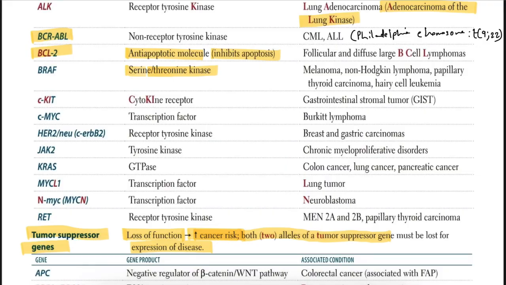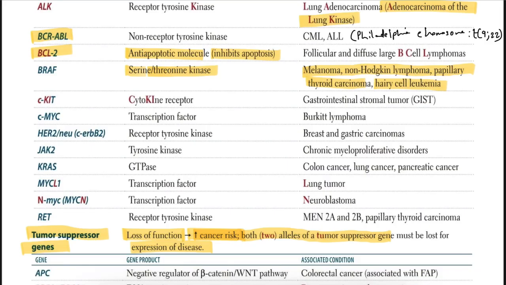The associated cancers are melanoma, papillary thyroid cancer and hairy cell leukemia. This is targeted by BRAF inhibitors. This is very important.